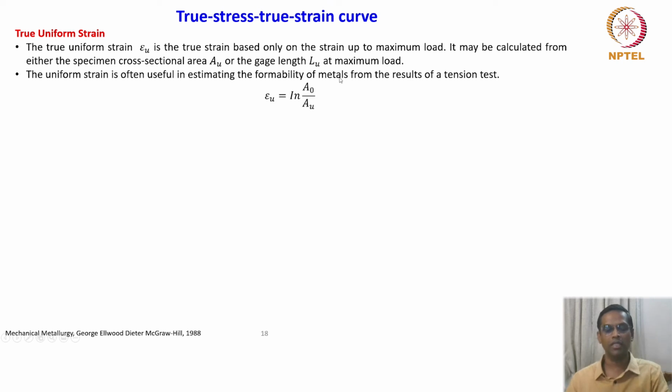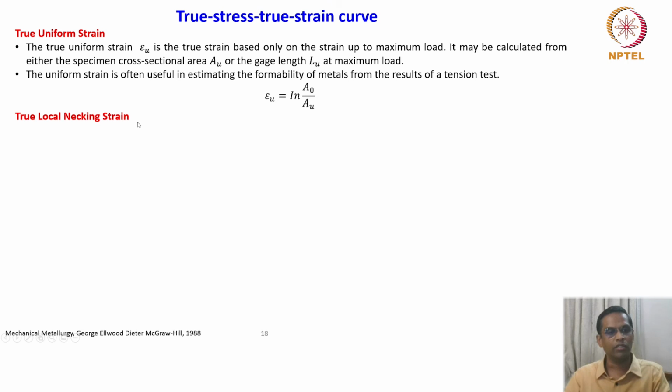So you please see that by just measuring the uniform strain, we have some idea about its formability. Formability is again an important parameter in metal forming applications. So one can get some idea by measuring this. Epsilon U is equal to ln A0 by AU.